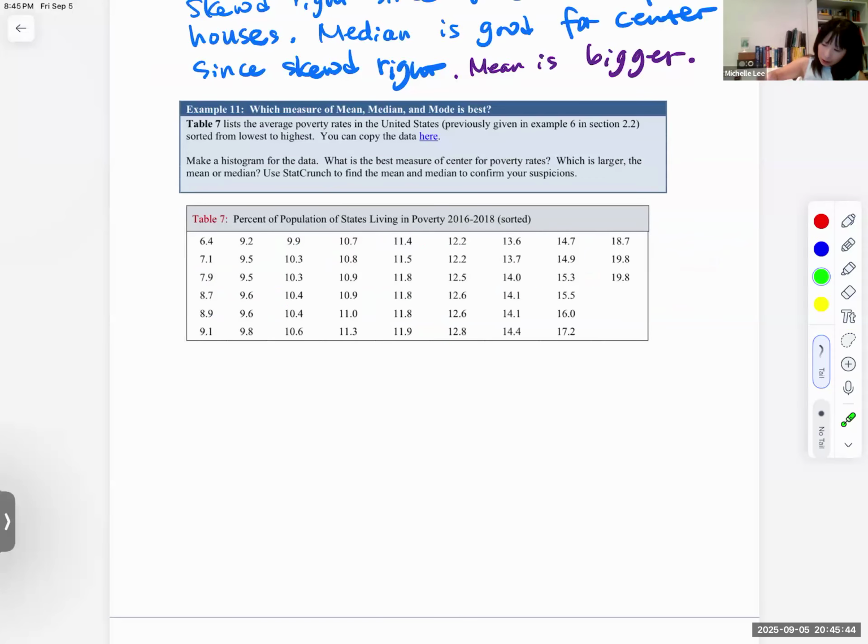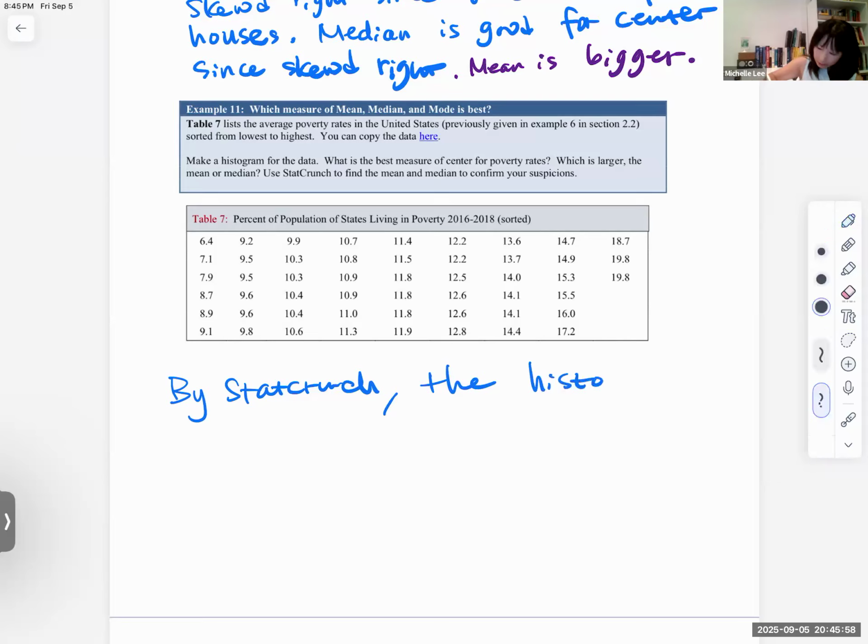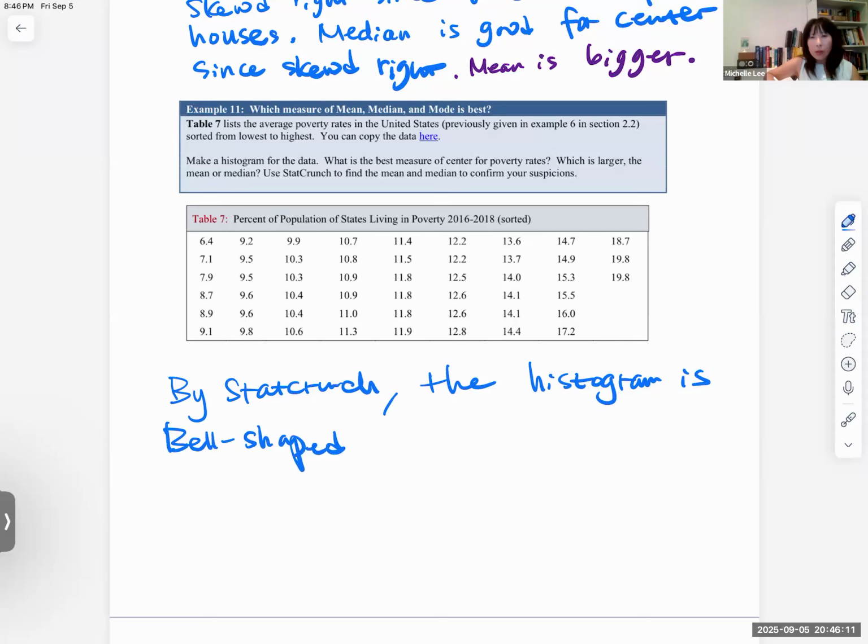Okay, we can see the bell shape earlier, right? So the histogram is a bell shape. Then we can report the mean as the measure of the center.